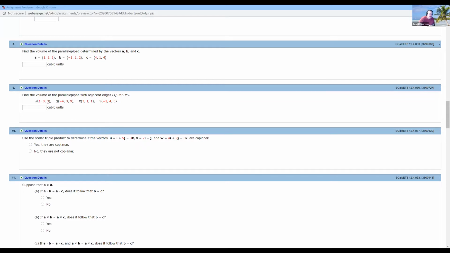Okay, in question 9, find the volume of this PQRS guy. Now, I'm going to write that guy down, and we'll talk about the process of doing it. So P is going to be the point (1,0,3). Q is going to be (-4,3,9). R is going to be (3,1,1). And finally, S is going to be (-1,4,5).